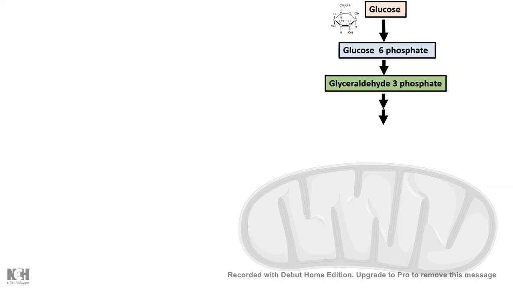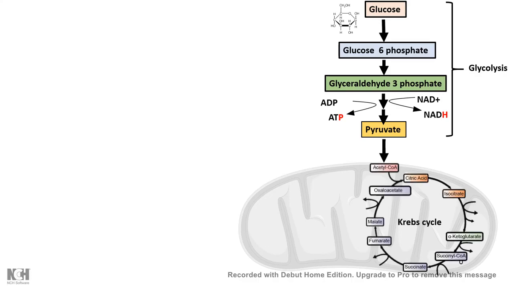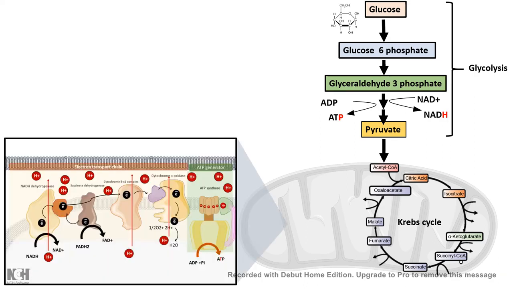So the starting point of glycolysis is glucose. From glucose, several intermediates such as glucose 6-phosphate and glyceraldehyde 3-phosphate are generated. Ultimately, pyruvate is formed, followed by production of NADH and ATP. That pyruvate can be channeled inside the mitochondria in the form of acetyl CoA, which can be utilized in Krebs cycle, followed by an electron transport chain to generate more ATP.